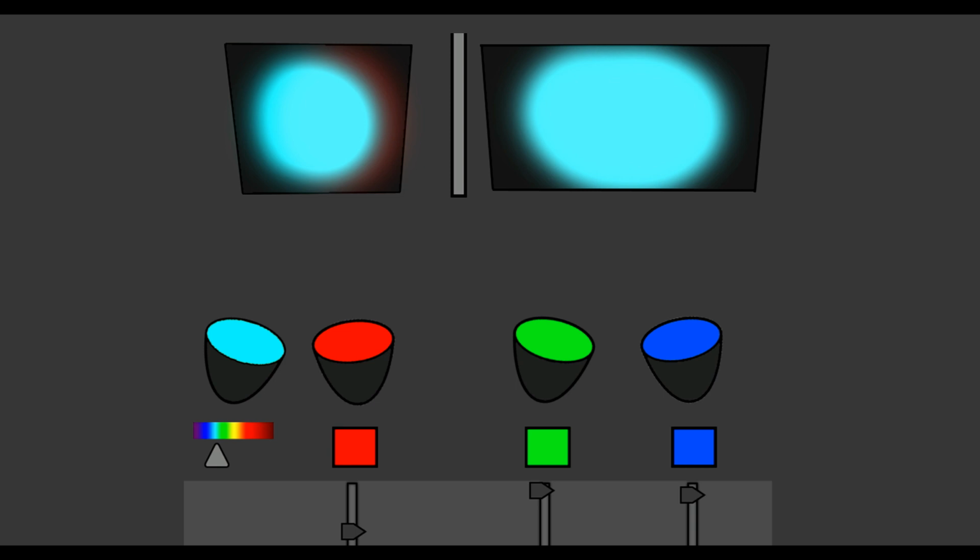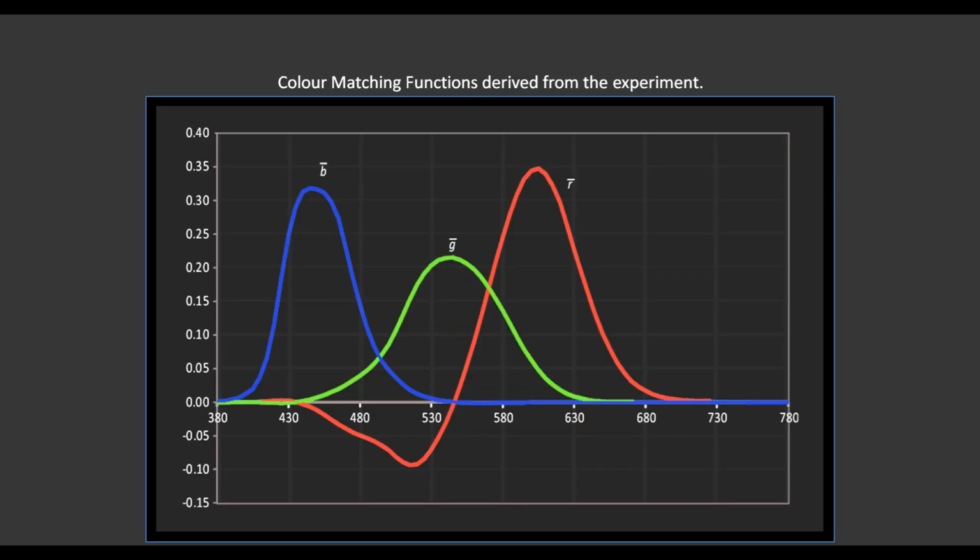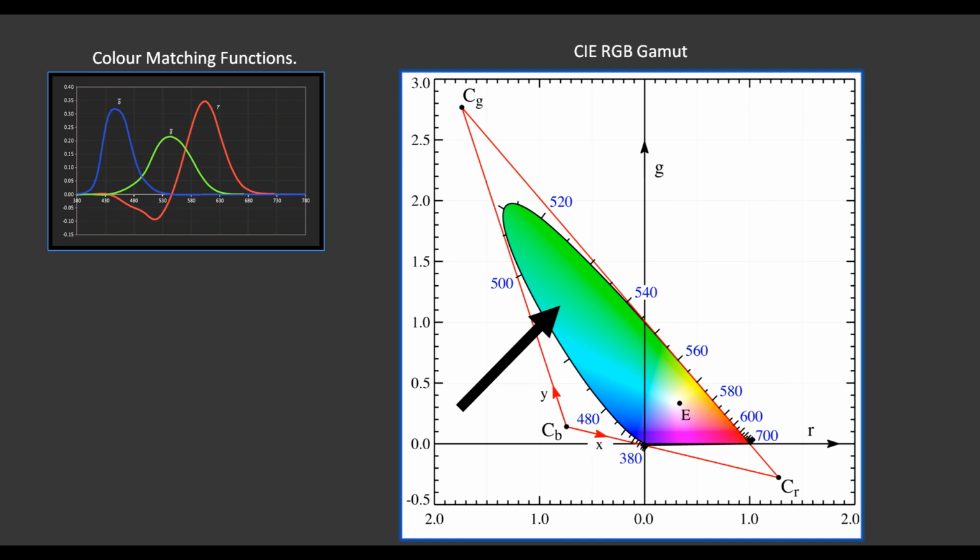Now it was possible to find matches for all spectral colors, but it meant that some primary values became negative. If we look at the resultant color matching functions, showing us how much of a given primary we need to reproduce the corresponding spectral color, for example here between 450 and 550 nanometers, we can see this negative dip for the red primary. We can also see it when we plot the resultant gamut.